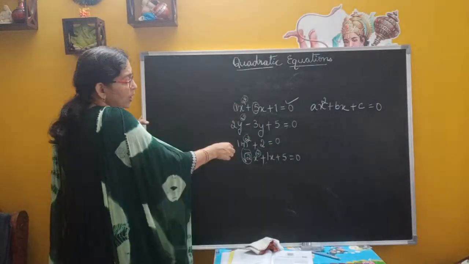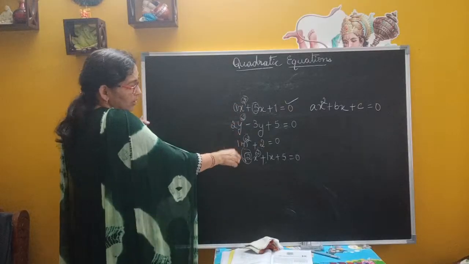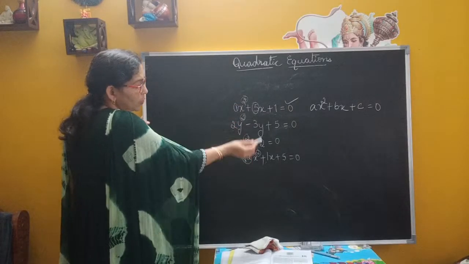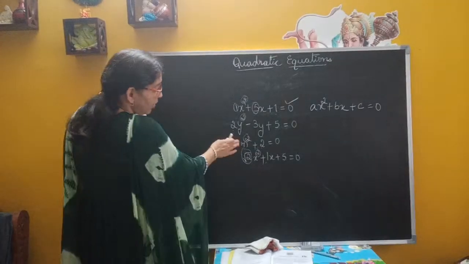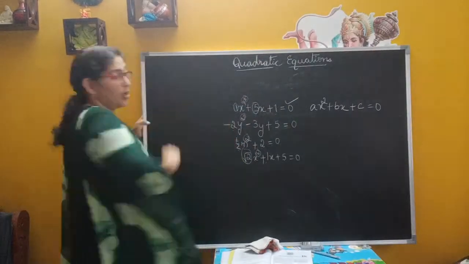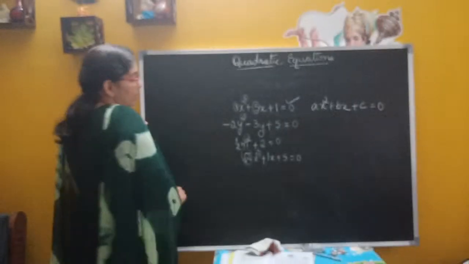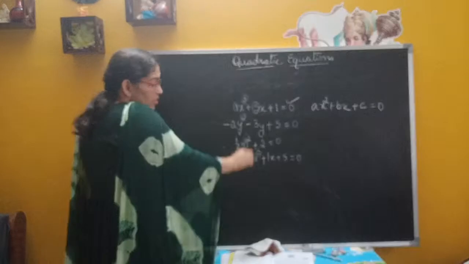So what type of numbers do we have? All these are real numbers. 1, 2, 1, root 2, 1, 2, 1: these are rational numbers. We can have even 1 by 2 also here. We can have a negative number also. So what type of numbers are these? Real numbers. Root 2 is irrational.